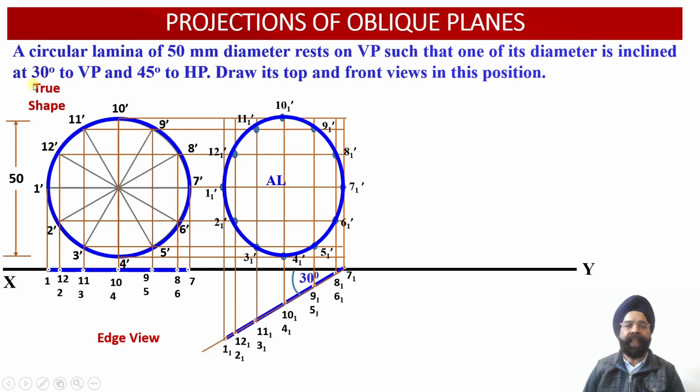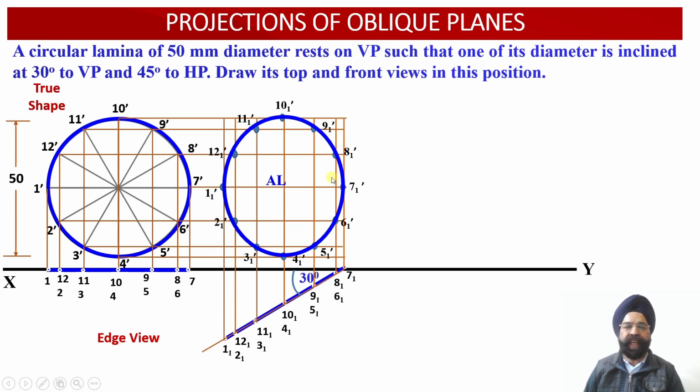Now we know that the diameter which was previously inclined at an angle of 30 degree with respect to VP, that is diagonal 1 7, is the same diagonal whose true length is further inclined at an angle of 45 degree with respect to the horizontal plane.